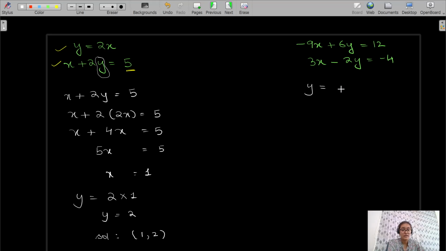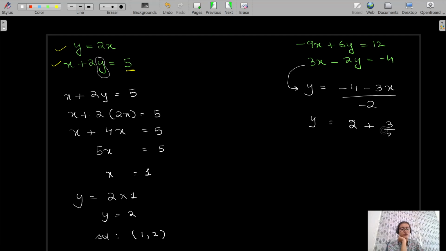So y will be equal to negative 4 minus 3x, everything divided by negative 2. I'm finding the value of y from the second equation, and this will give you 2 plus 3 over 2 x, and then you will have to substitute this.